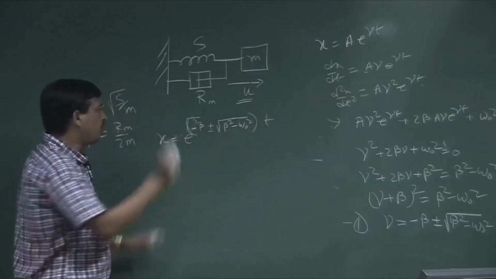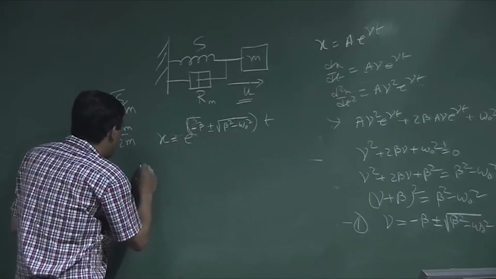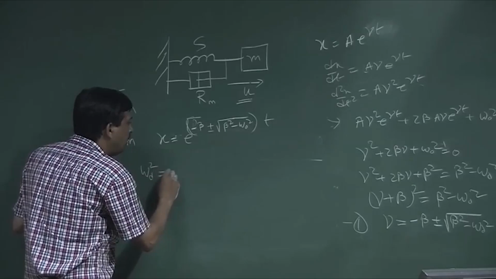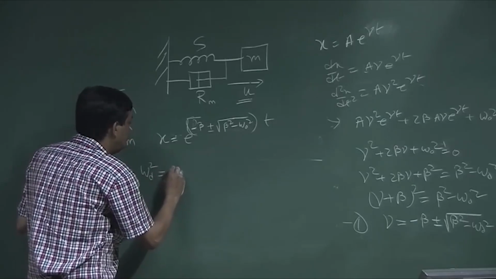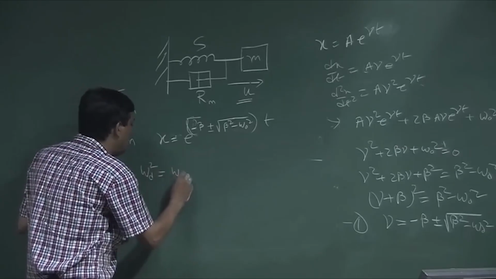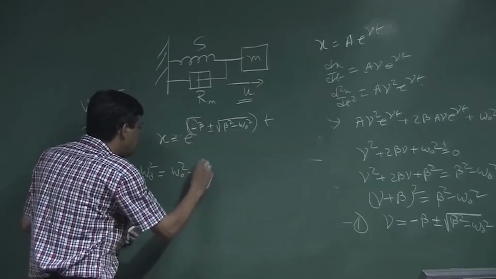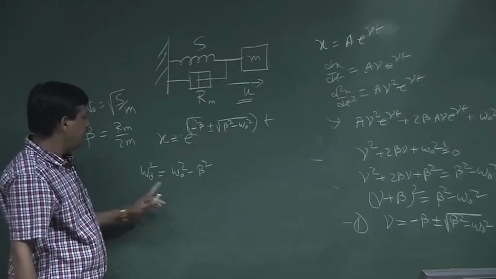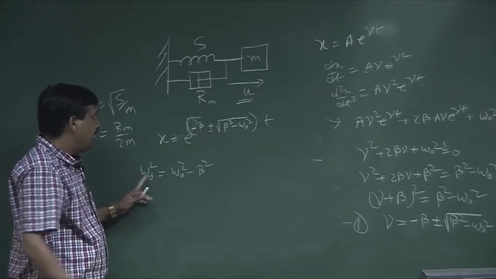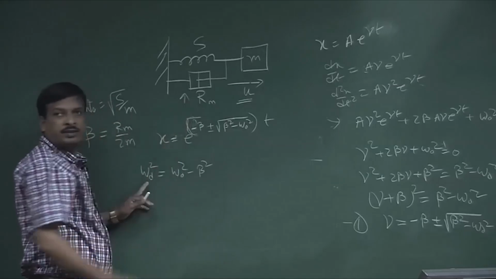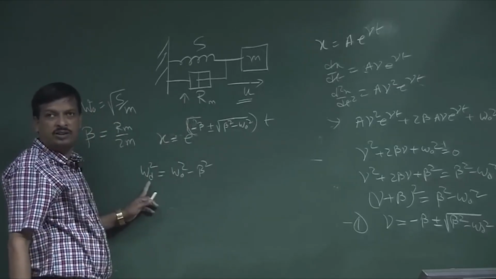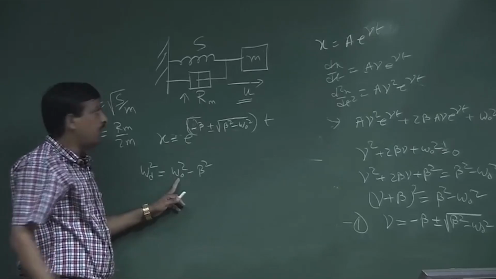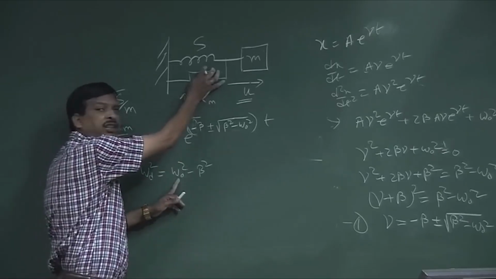Now, let us consider omega d square equal to omega 0 square minus beta square. That means if I employ a damping circuit, there is a modified natural frequency. Omega 0 is root over s by m, the natural angular frequency when the damping circuit is not there.